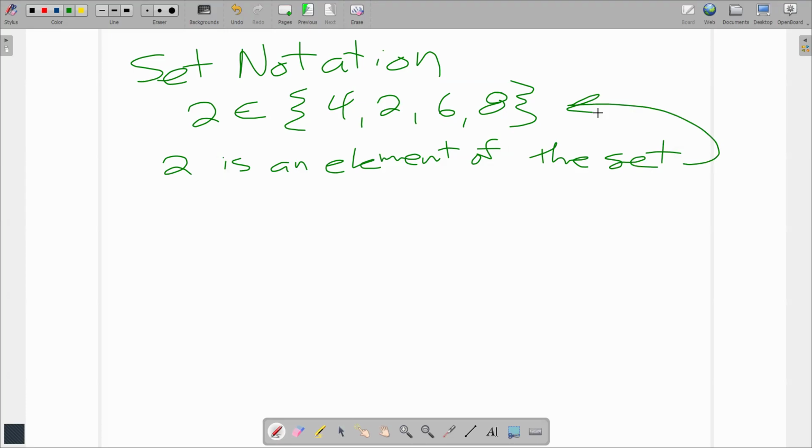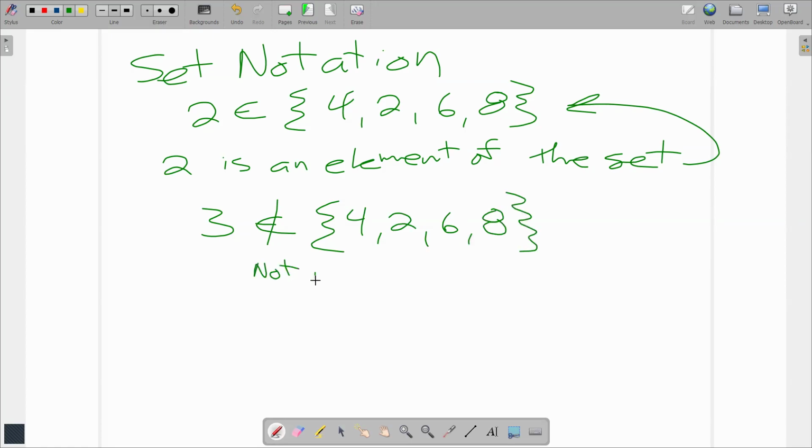So that little funky E-like symbol just means is an element of or is in. 3 is not in that set. So that's the shorthand for that. Just the E for element of, but with a line through it.